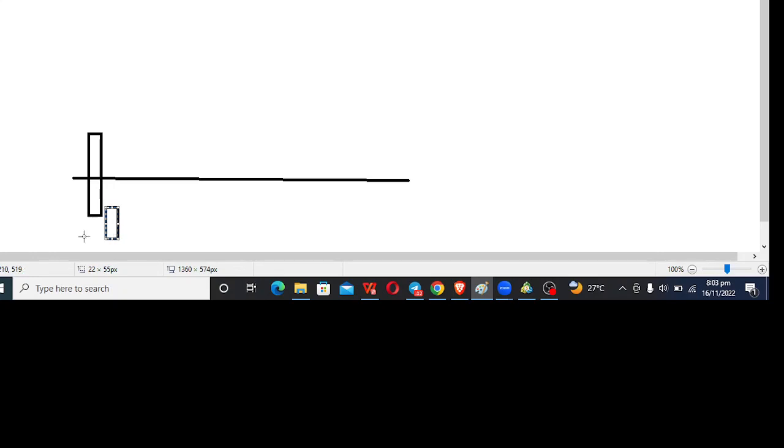You need to wait for this candlestick to also close, and then it should close below the previous candlestick that broke through either your support or your resistance. So let me just use support, because I'm using support here right now. Either support or resistance, it's the same thing.